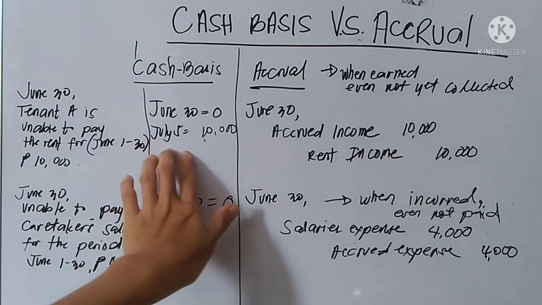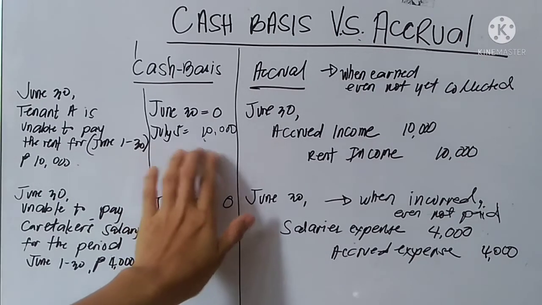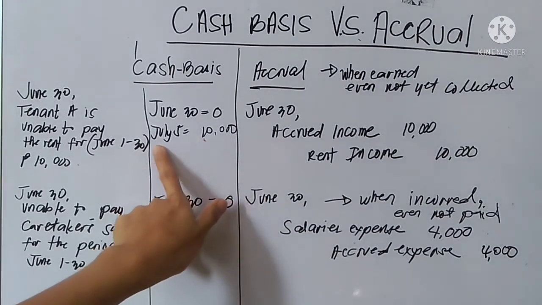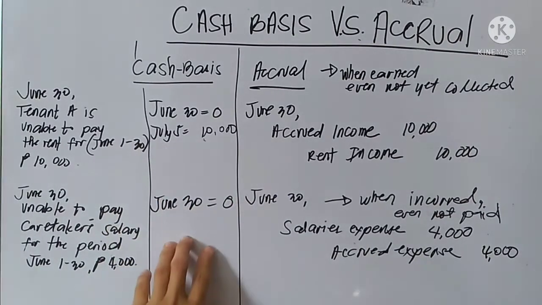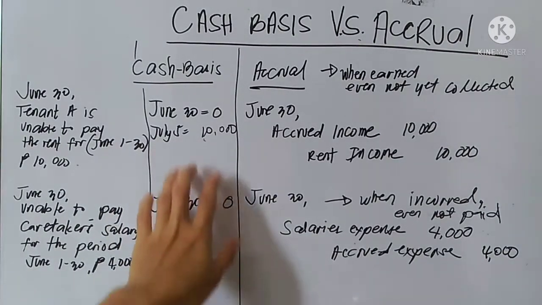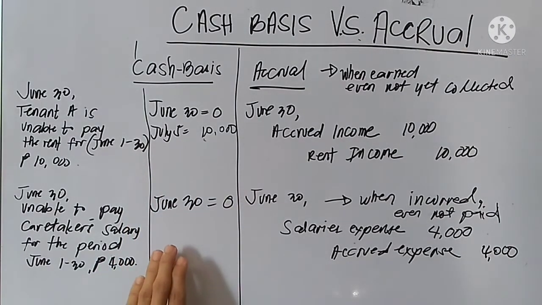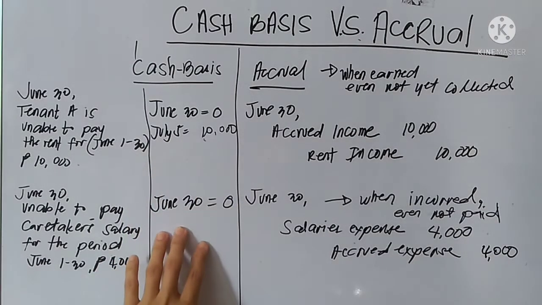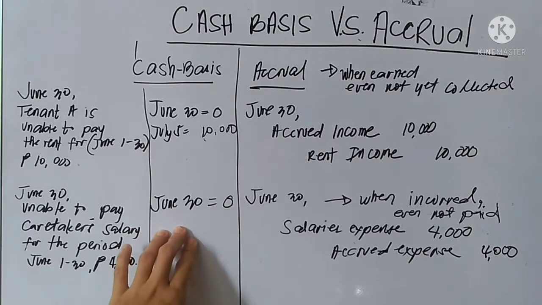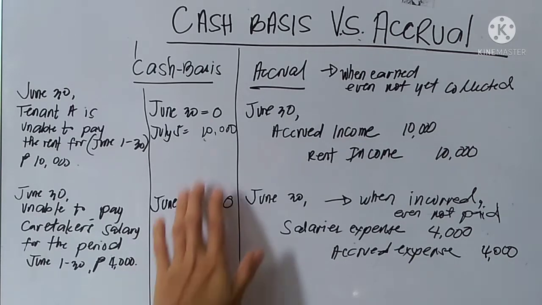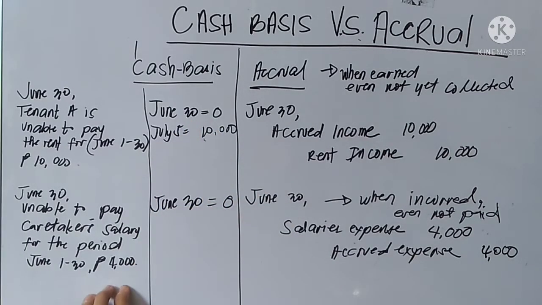Okay, so by July 5, kapag nagbayad si tenant A, meron ka ng 10,000 revenue sa buwan ng July. And then for example also, dahil nagbayad si tenant A by July 5, so let's say for example by July 6, nakapagbayad ka rin ng sweldo ni caretaker, so magre-record ka rin ng 4,000 pesos by July 6 halimbawa.